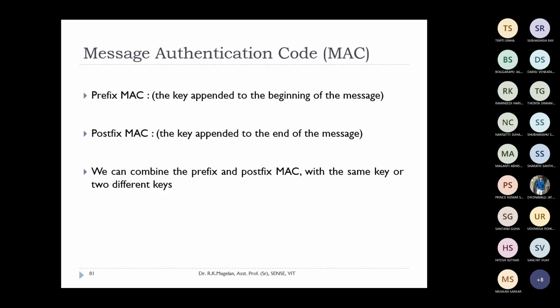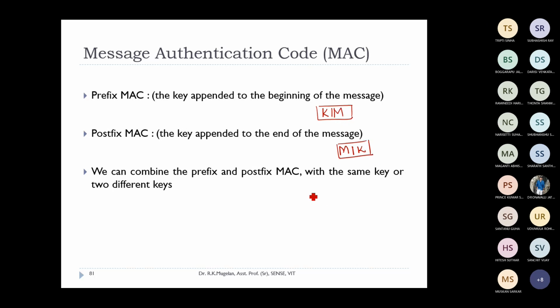For the message authentication code, how can we add this key? There are three ways of adding the key. For example, you have the key with you. You can append it in front of the message, as a prefix. Otherwise, you can put your message first and then append your key after it, called a postfix or suffix.